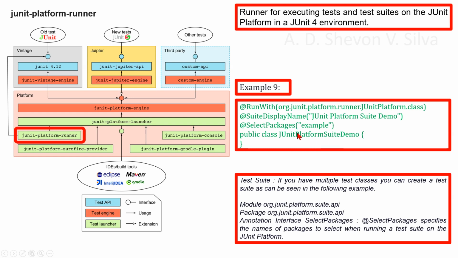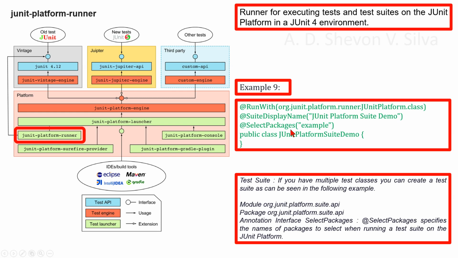The annotation type SelectPackages is in package org.junit.platform.suite.api, module junit-platform-suite-api. @SelectPackages specifies the names of the packages to select when running a test suite on the JUnit Platform.